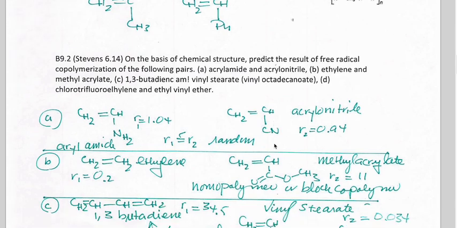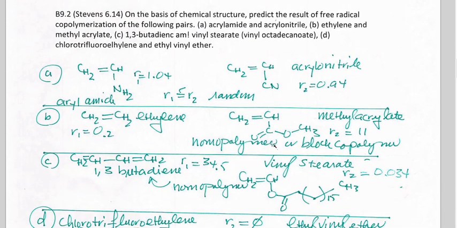Now in example number two, remember the table we saw? We said this table is helping us to predict what kind of copolymer we can make. In part A, Professor Stevens asks us, what if we use acrylamide versus acrylonitrile?